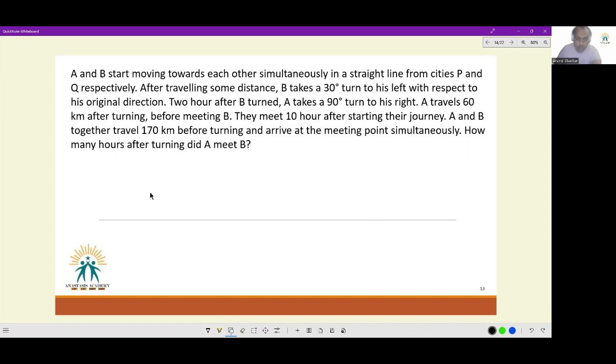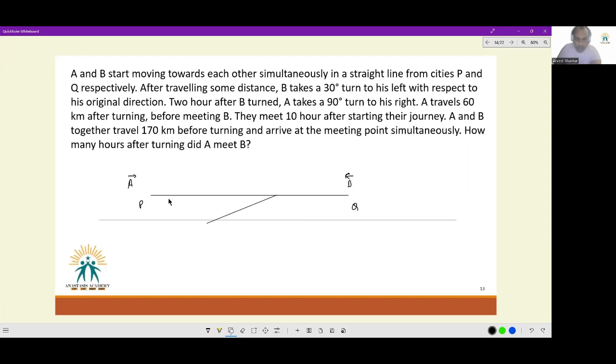Yeah, diagrammatically see what is happening. A straight line path from cities P and Q. A is going this way. B is going this way. After some time, B takes a 30-degree turn, starts going this way.